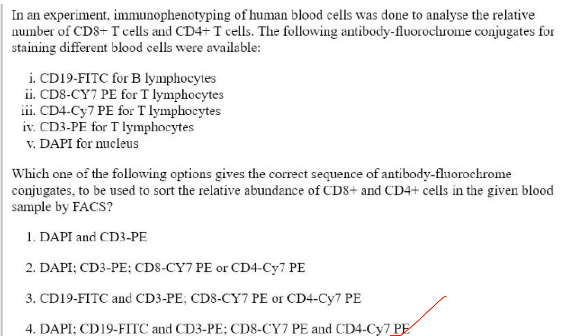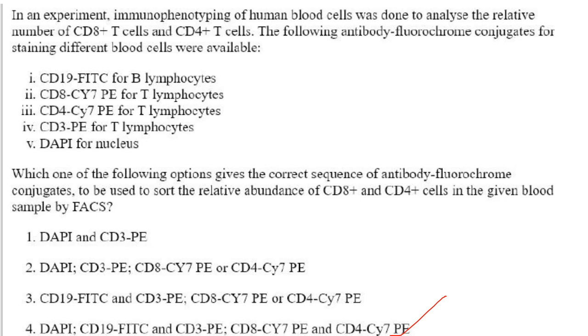For T lymphocytes, that is CD8 plus cells, CY7PE was available. For T lymphocytes, CD4 plus, CY7PE was available. For CD3, for both T lymphocytes, CD8 and CD4 plus, CD3PE was available, and DAPI for nucleus.